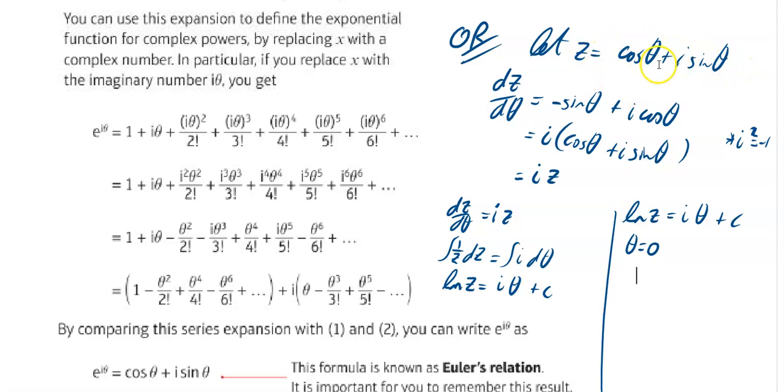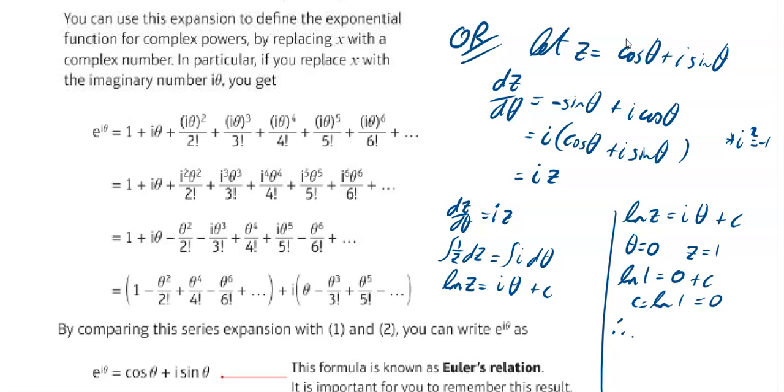So when theta equals 0, z equals 1. Which means ln of 1 is equal to 0 plus c. So c is equal to ln of 1, which is also equal to 0.